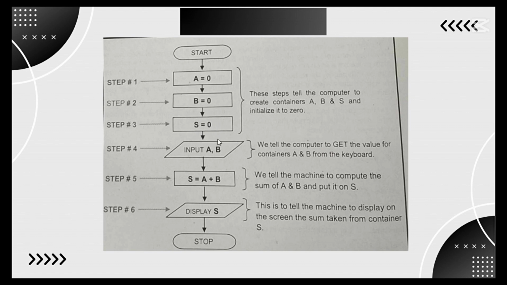So input A, B: we tell the computer to get the value of containers A and B from the keyboard. So sum equals A plus B: we tell the machine to compute the sum of A and B and put it in S or sum. So display S: it should tell the machine to display on the screen the sum taken from the container. So yun, display S. So na siya mag-stop.